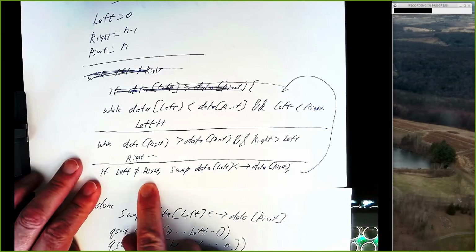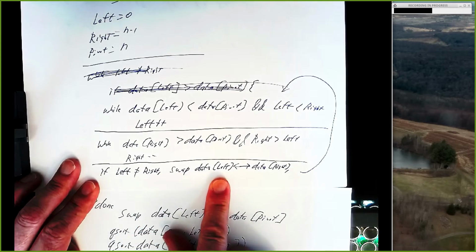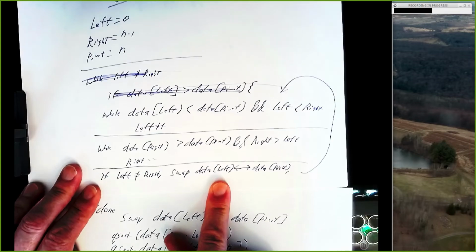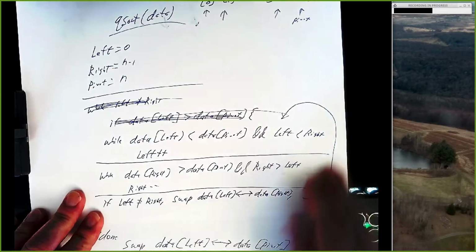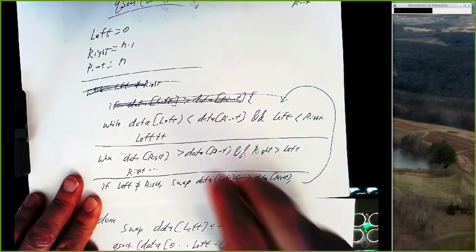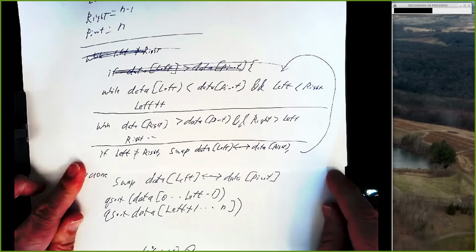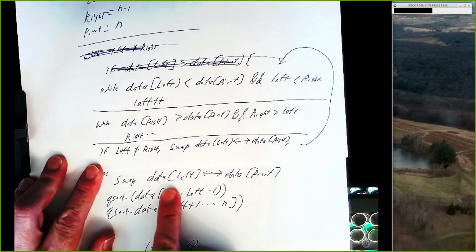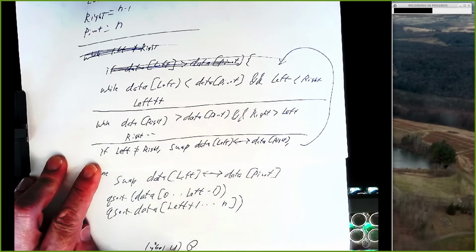When we're done, if left and right haven't collided with each other, swap the things that the left and right arrows are pointing to. Then go back up and continue. This will continue until the left and right arrows have collided, at which point we swap the thing that those arrows are pointing to with the pivot, and then quicksort the two subarrays.